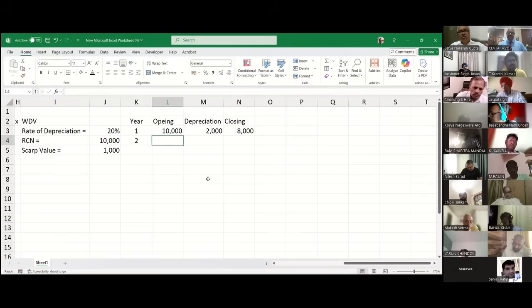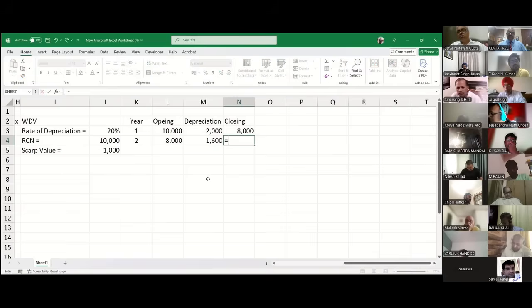Second year, what will it be? 1,600. Closing of your last year will be the opening of the next year. Same depreciation, 20% of 8,000 will be 1,600. And opening minus depreciation of the year will be the closing of the year.